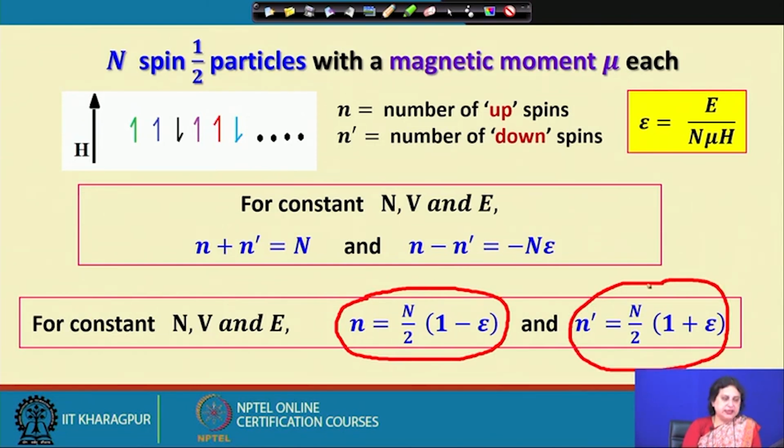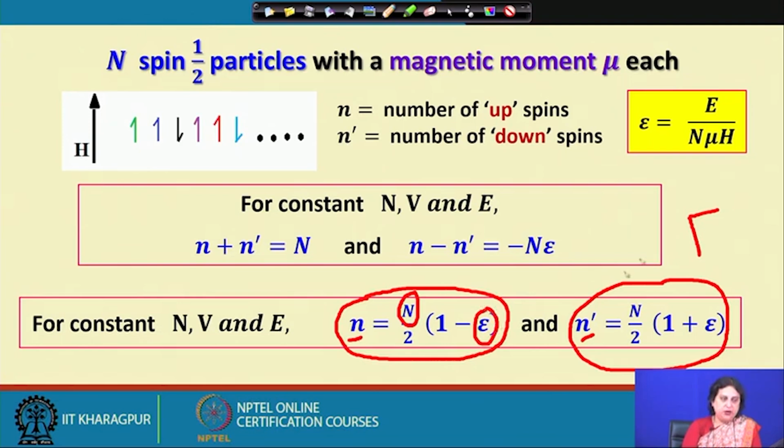Therefore, previously we had expressed the number of microscopic states in terms of n and n prime, and here I find that n and n prime, they are decided by the values of capital N and epsilon.